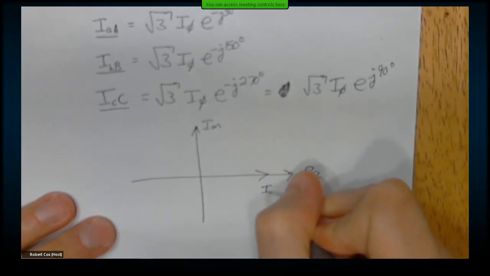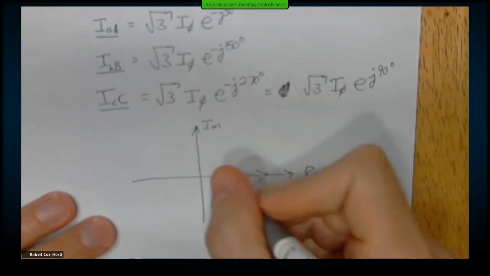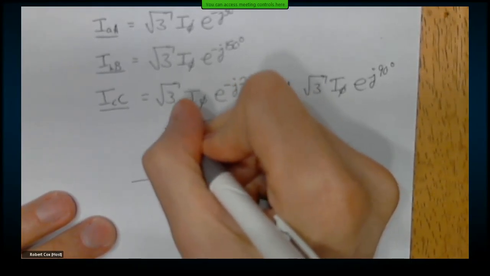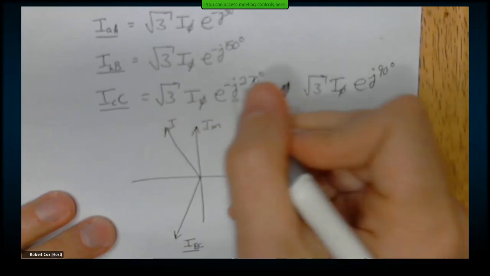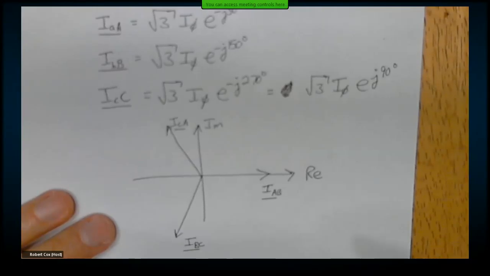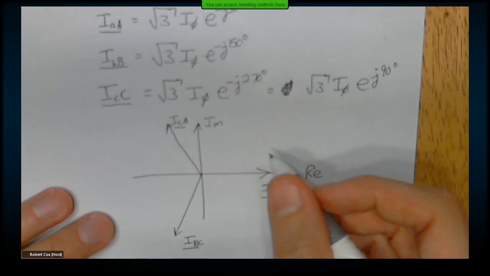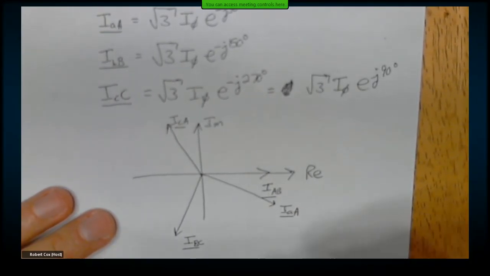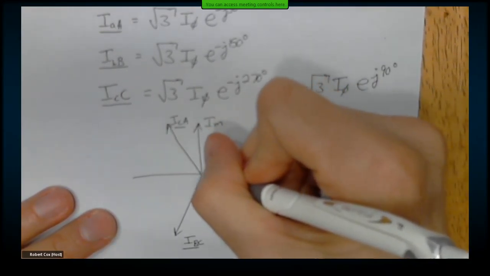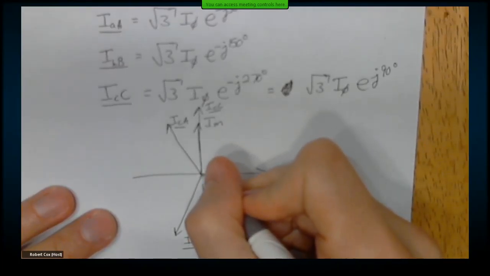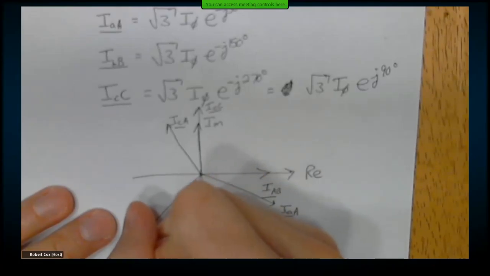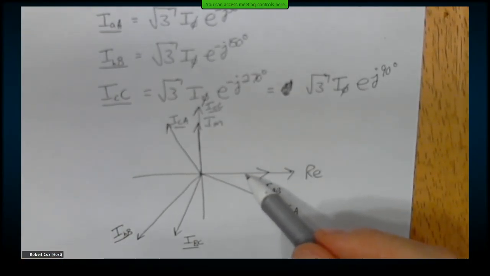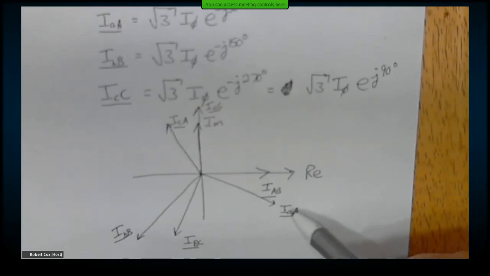If this is IAB, this is IBC, and this is ICA, then what this tells me is line current IA is there, IC is there, and 30 degrees behind over here, and a little bit bigger, is IB. So they're 30 degrees lagging and root 3 bigger.